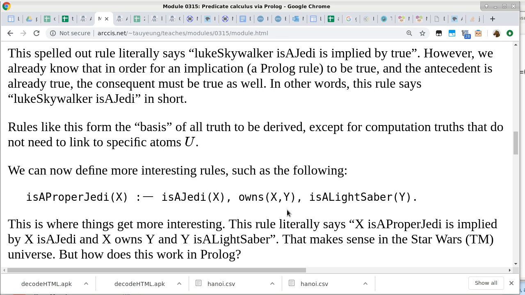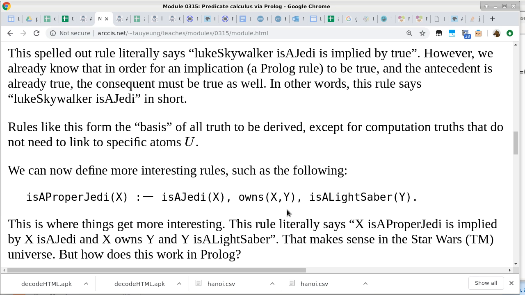X appears on both sides, but it appears on the left-hand side. That makes it special. Any variable that appears on the left-hand side is universally quantified. In other words, we apply for all to those things.